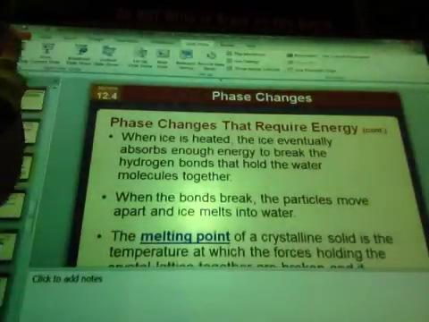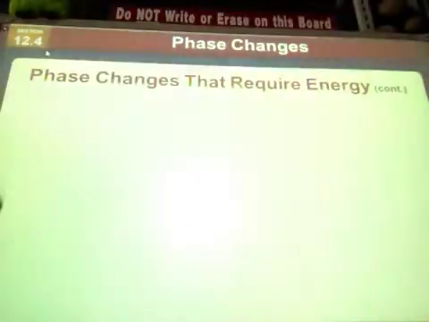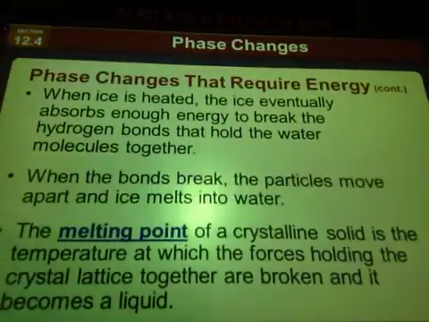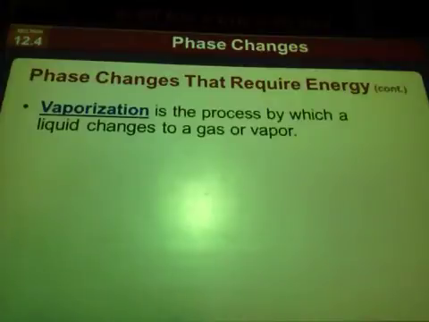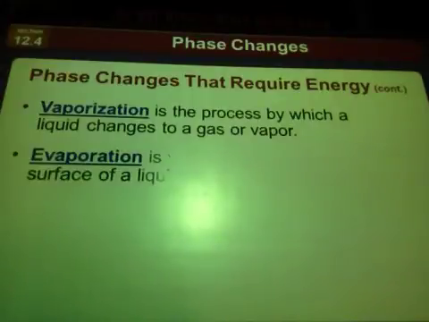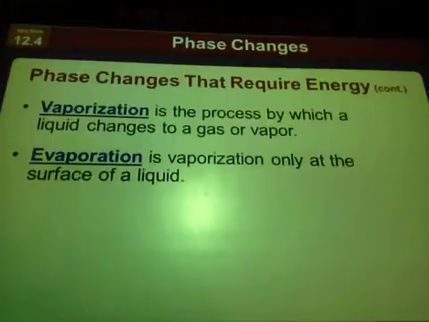So let's go back here to our PowerPoint. Okay, we also have vaporization, and that'll be the next phase change that we'll talk about. Vaporization is the process by which a liquid changes to a gas or a vapor. And you've also heard of evaporation.